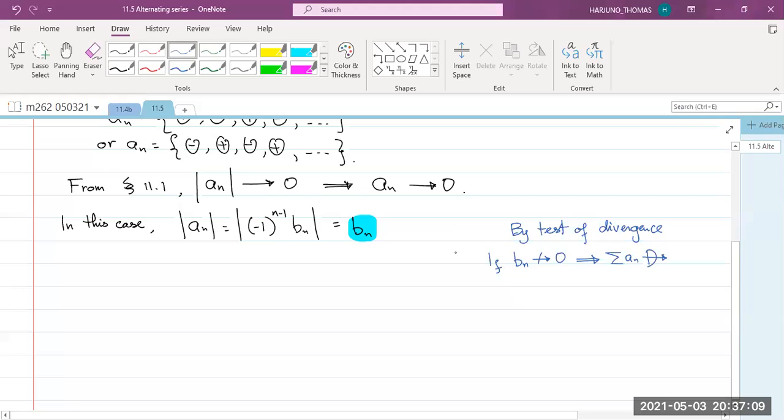Okay, the reason is because if the positive term of the series is not converging to 0, that implies A sub n is also not converging to 0. By test of divergence, this is divergent. Does it make sense?